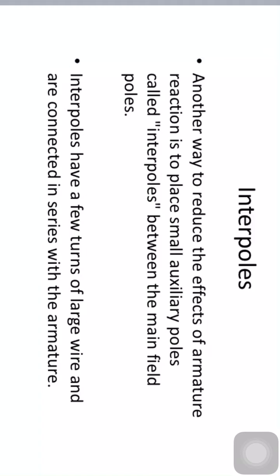Thus, the resultant voltage in the short circuited coil becomes zero and the commutation is sparkless. So, like that, we can use interpoles both for commutation as well as for the armature. Armature reaction we will reduce by using these interpoles.